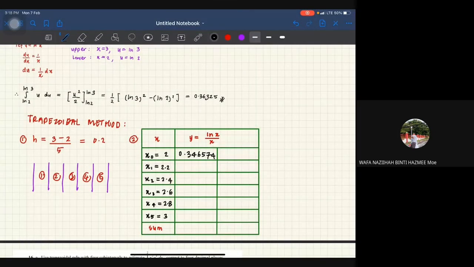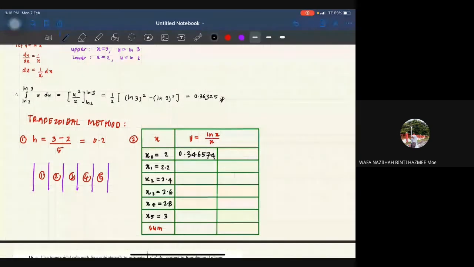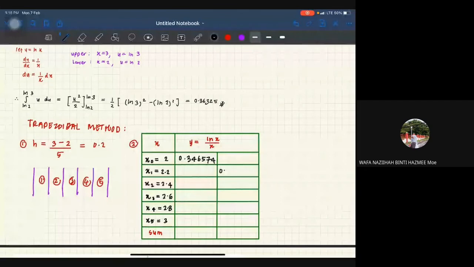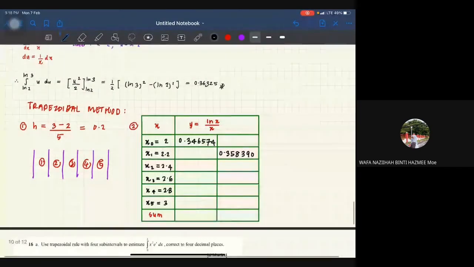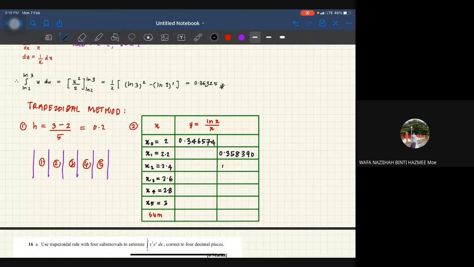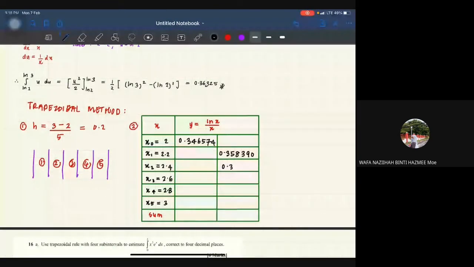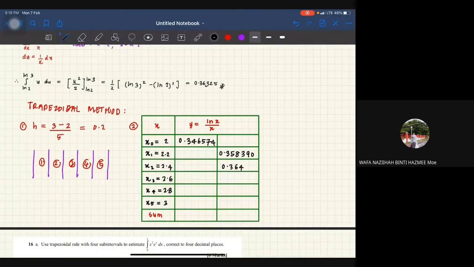Okay, for x1 pula, tengok je dalam kalkulator awak. So awak akan dapat 0.3589. Betul ke? Okay, and then x2 you will get 0.3647779.